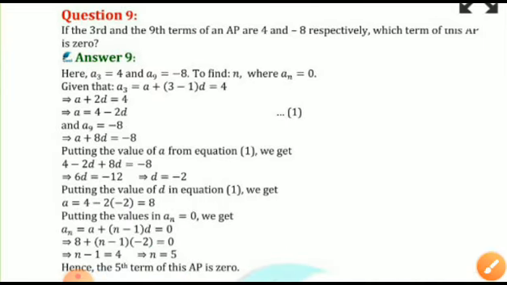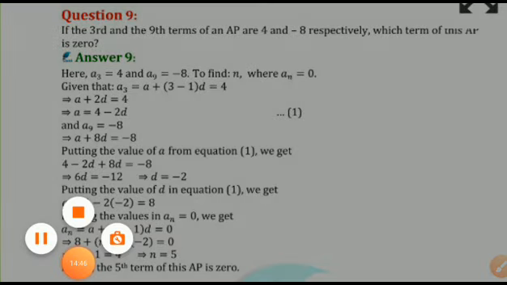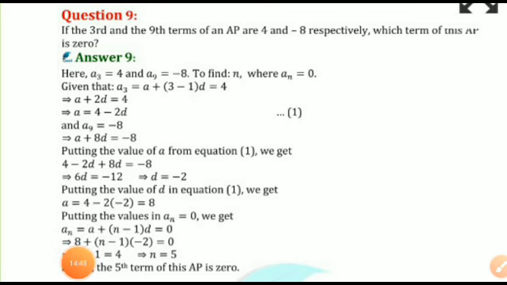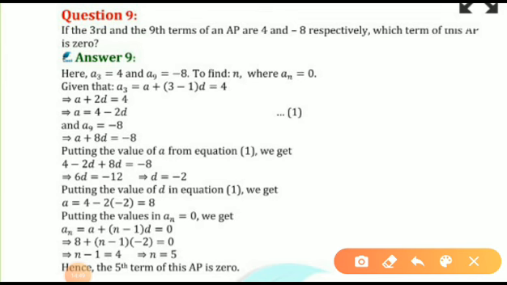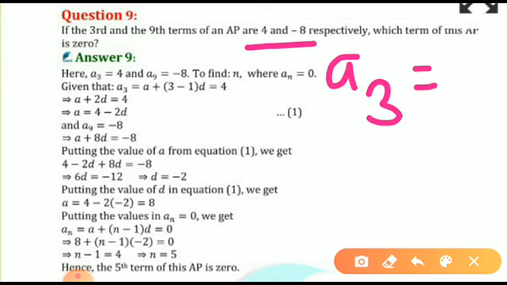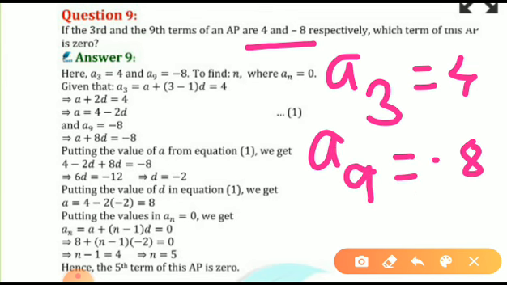See the next question. If the third and the ninth terms of an AP are 4 and minus 8 respectively. That means what is given to you? You have been given A3 is 4 and A9 is given to be minus 8.